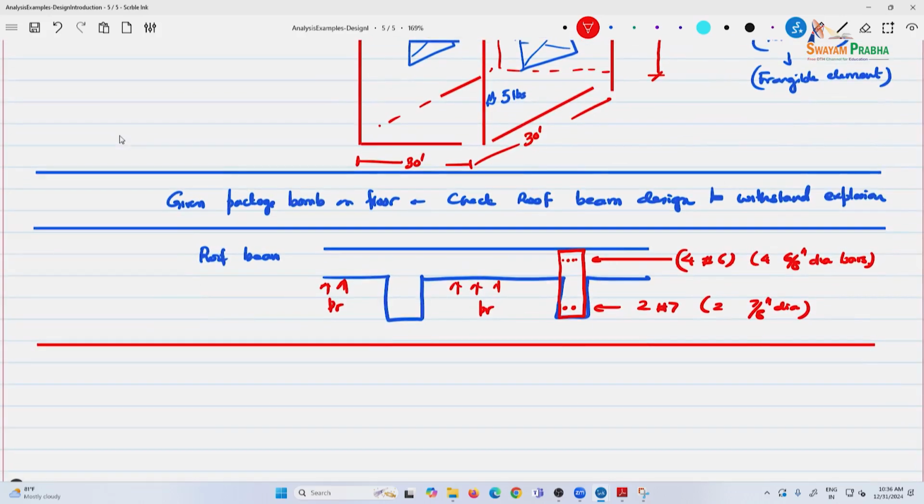But let's look first at the determination or calculation of the blast pressures.